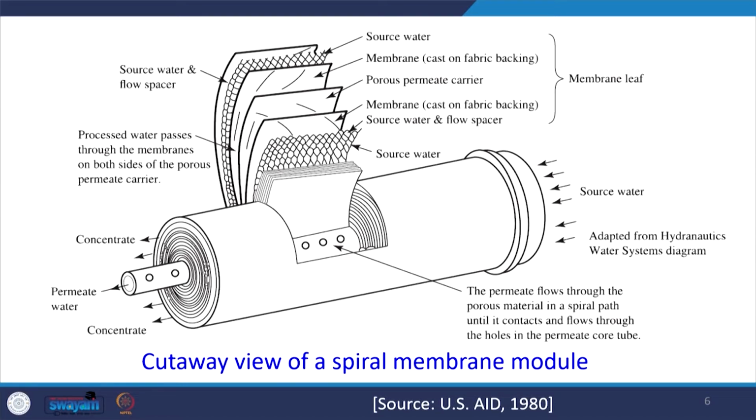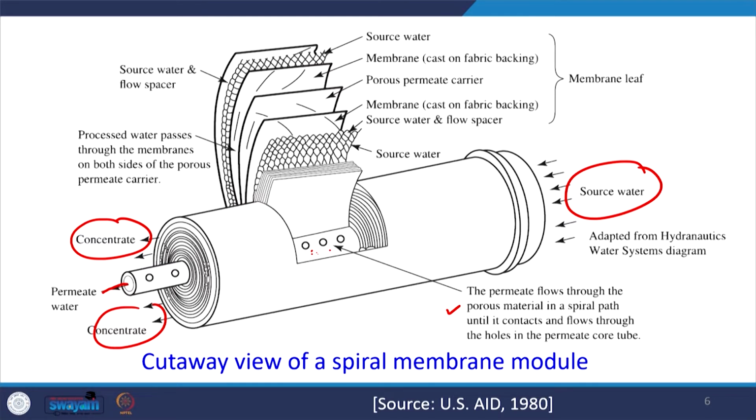Now, this is a cutaway view of a spiral membrane module. You can see the source water here, the permeate coming out from here, and the concentrate coming out from here. The permeate flows through the porous material in the spiral path, and you can see the pores shown here. The source water enters from this side, and within these membranes the separation will happen.